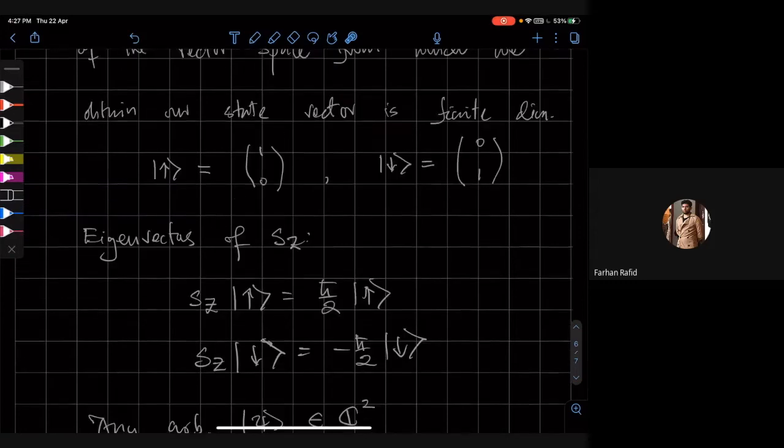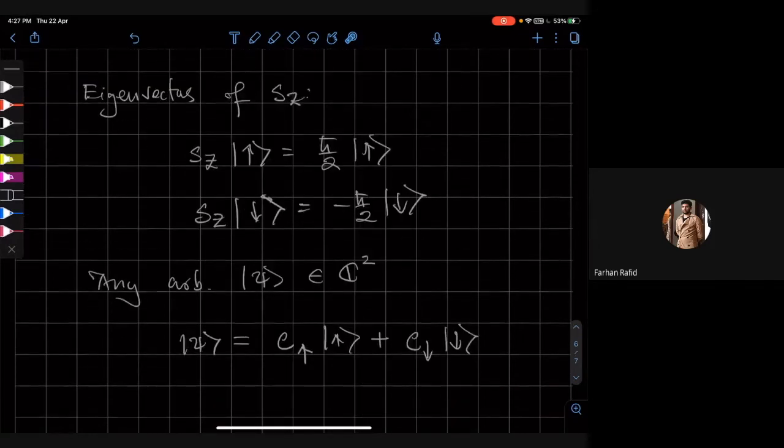There are two linearly independent basis vectors, and therefore the dimensionality of this space is 2. Okay, so we are talking about the complex dimensionality. So it's a vector space over the complex numbers, not the reals.